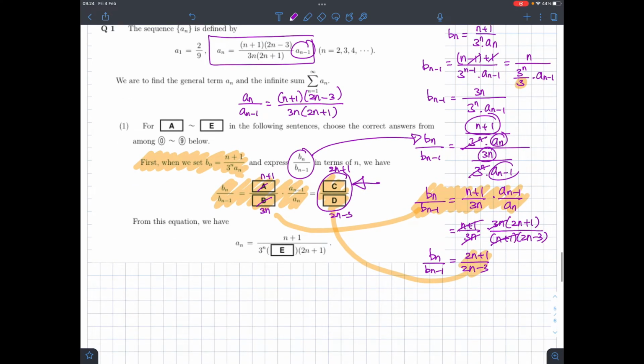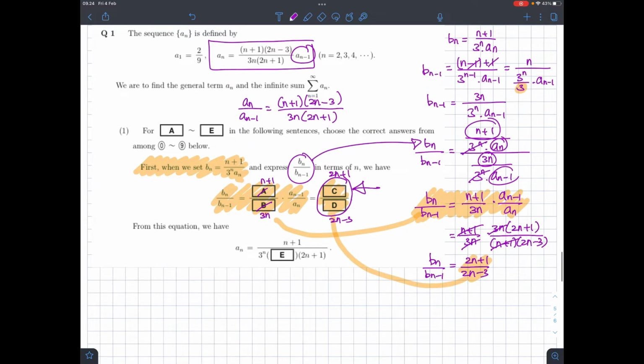Next, they ask you to find An. They ask you to find An without this one, so from here we remove this one. In the problem we have this one.